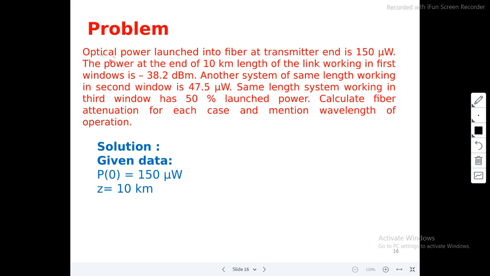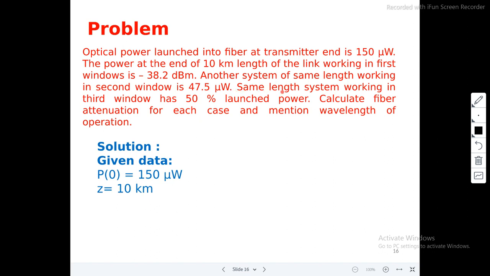So what is the problem statement? The optical power launched into the fiber at the transmitter end is 150 microwatts. The power at the end of the 10 kilometer length of the link working in the first window is minus 38.2 dB per meter. Another system has the same length working in the second window, with a power of 47.5 microwatts.